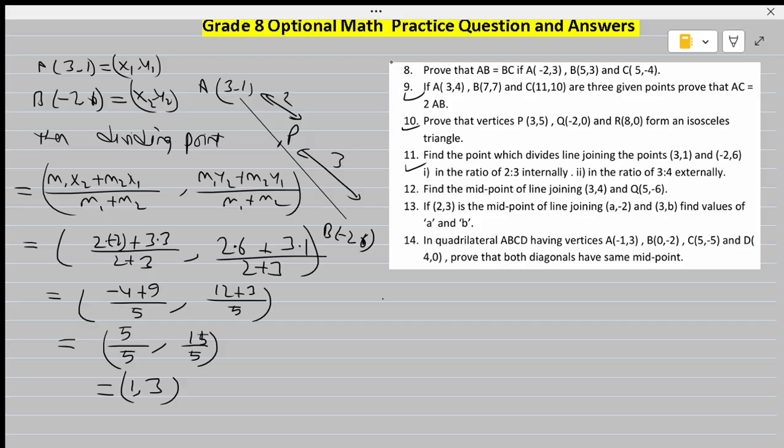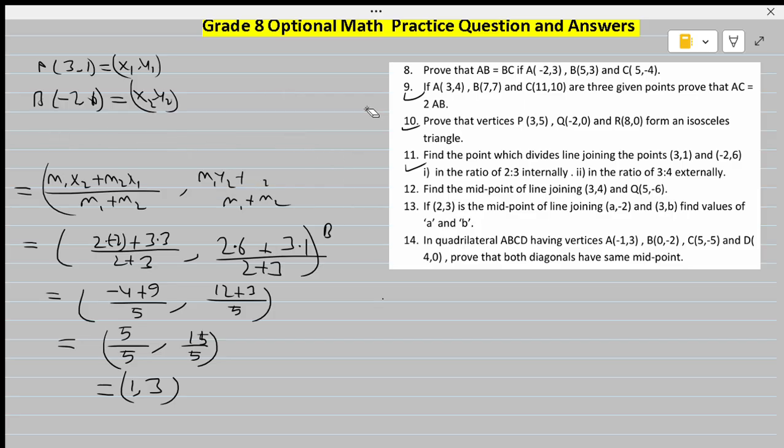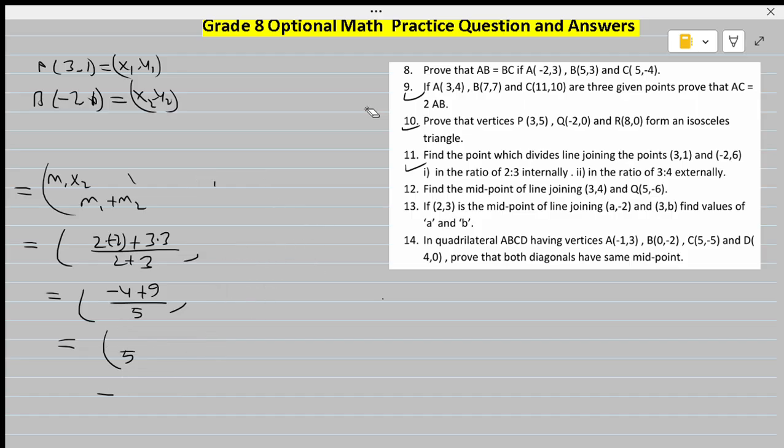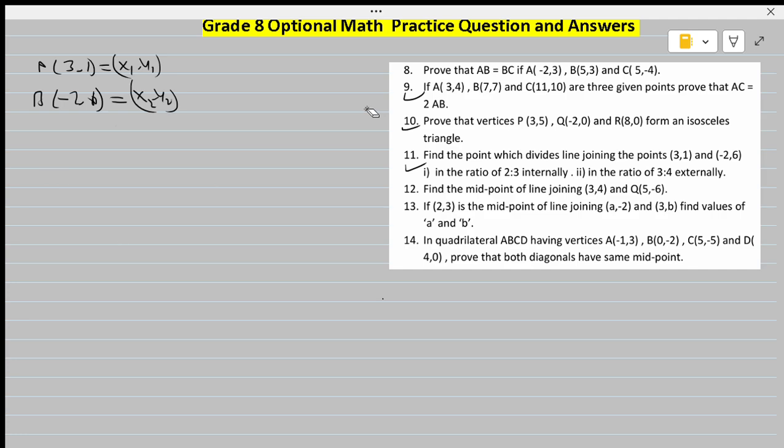And now after identifying the internally dividing point, for identifying the externally dividing point, I'll make this clear with a standard diagram also. So here it says finding the externally dividing point in the ratio of 3:4.